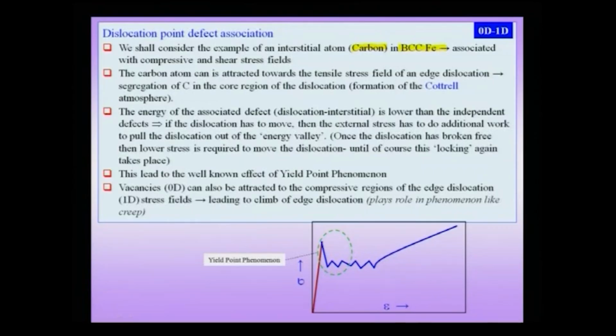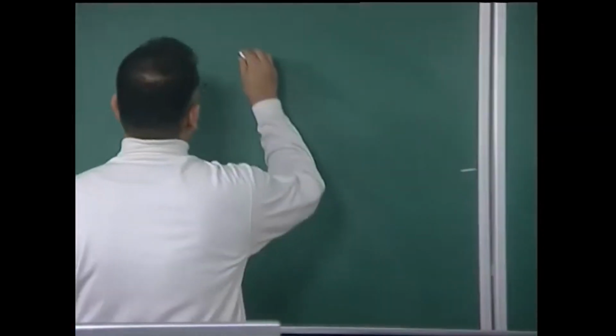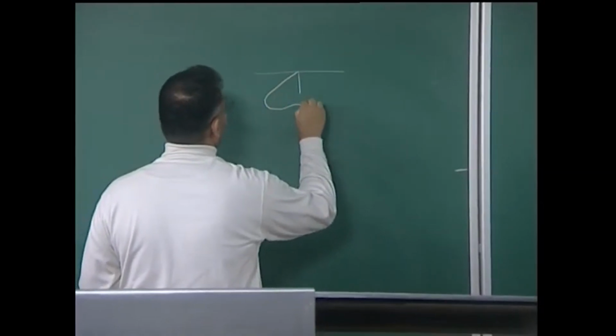A dislocation, as we had noted, is associated with a tensile field and a compressive field. Now, I am talking about an edge dislocation, and an edge dislocation is associated with a compressive field wherever the extra half plane is.